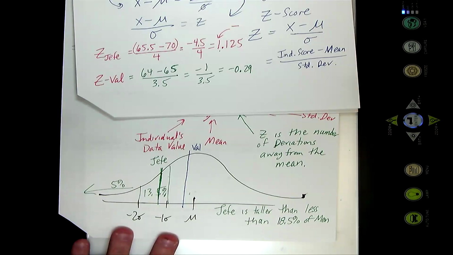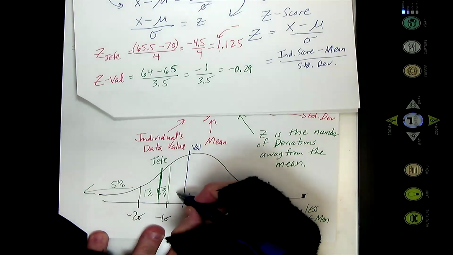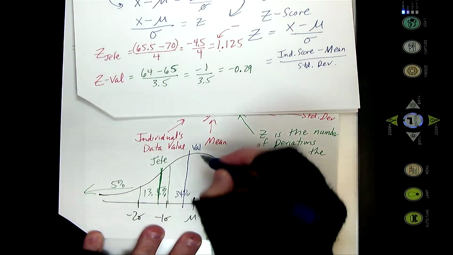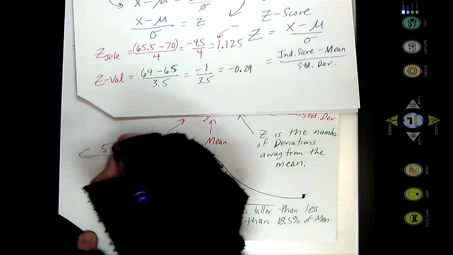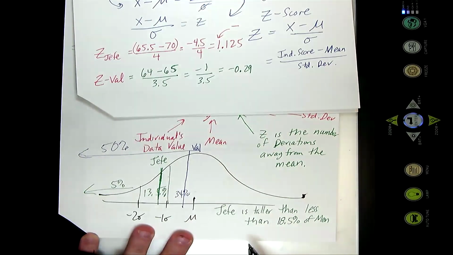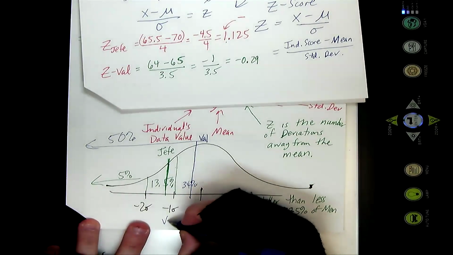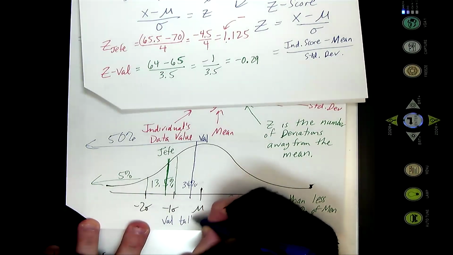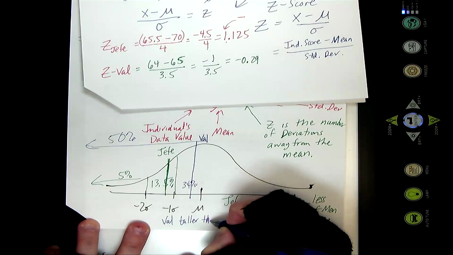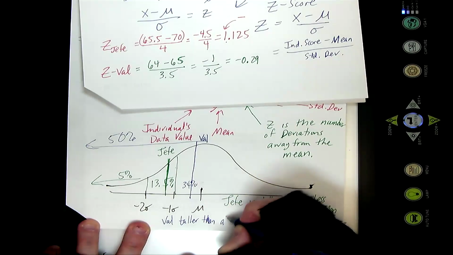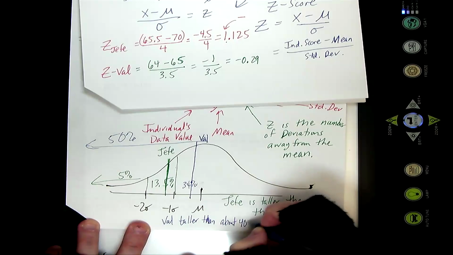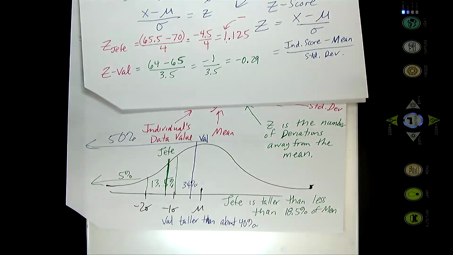Val, I don't know, this is a little tough, this was 34%. Remember, the whole half was 50%. And she's closer to mu, so I'm guessing Val is maybe taller than about 40% if I'm estimating. But mine was less than 18.5. Mine is probably like 15%.